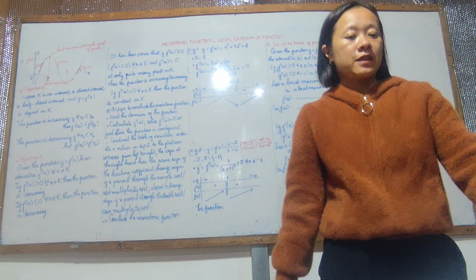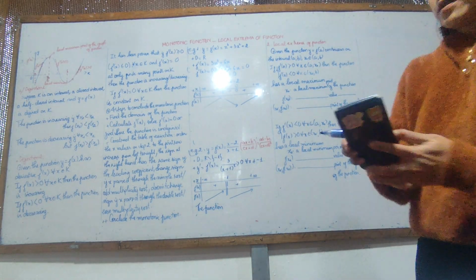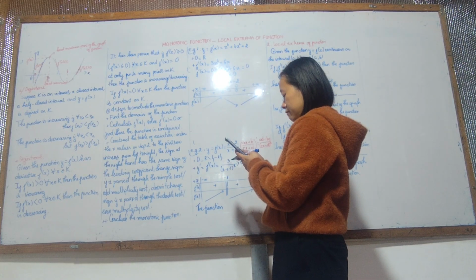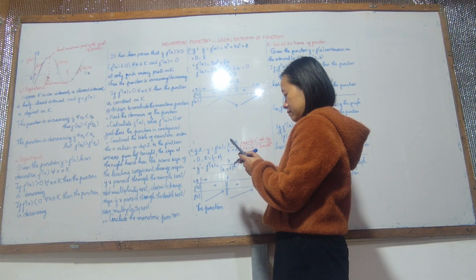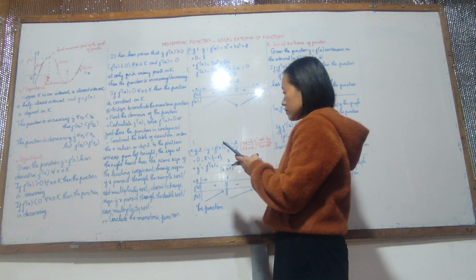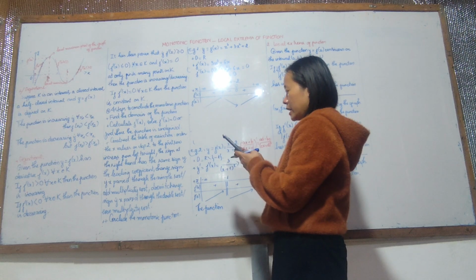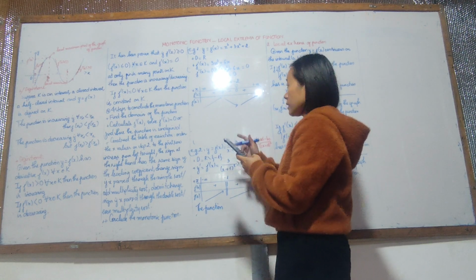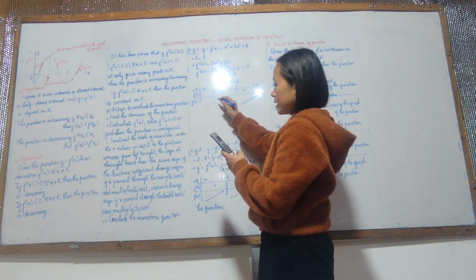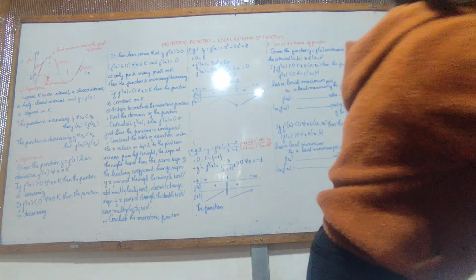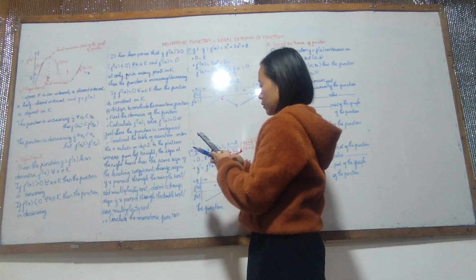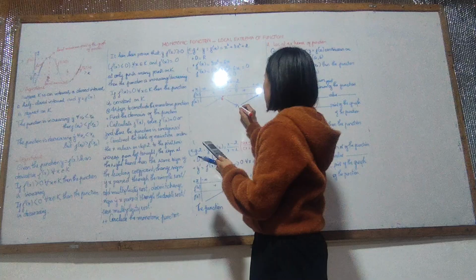So, to find this, we will use the calculator. We will find at x equals -2, f(x) equals 6. And this one, we have the value 2.